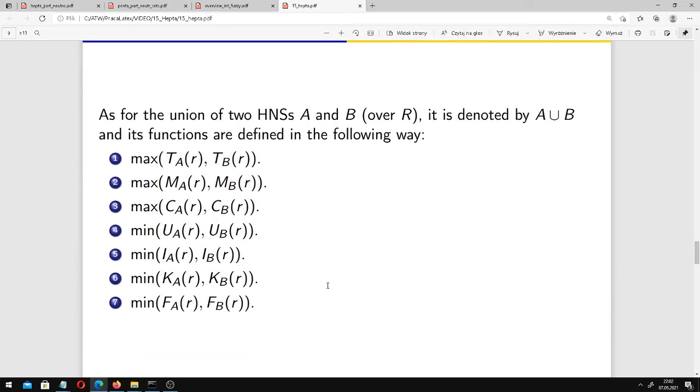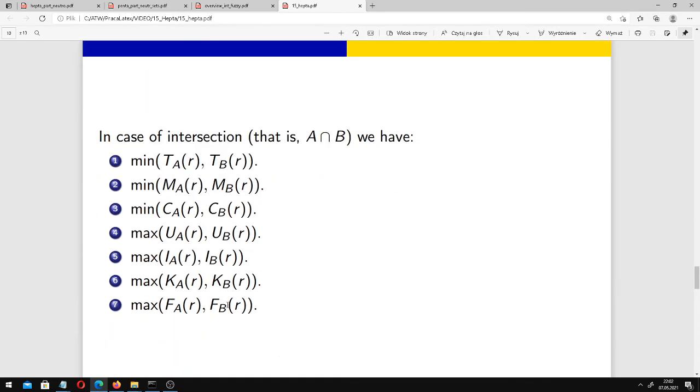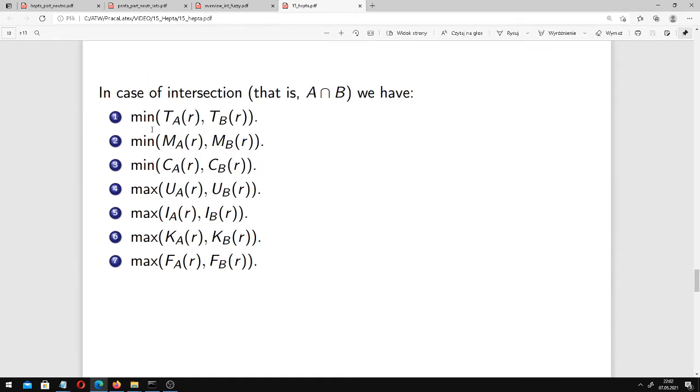As for the union of two heptapartitioned sets, denoted by A union B, its functions are defined in the following way. Maximum, maximum, maximum in case of T, M, and C, and then minimum, minimum, minimum, minimum in case of U, I, K, and F. In case of intersection, that is A and B, we have min, min, min, max, max, max, max.